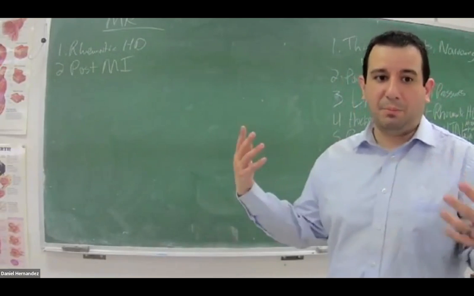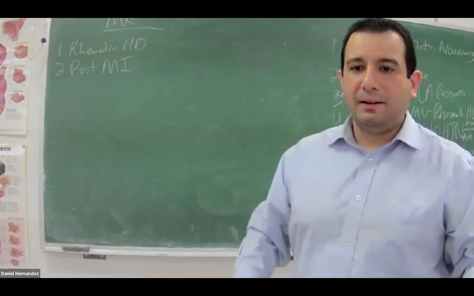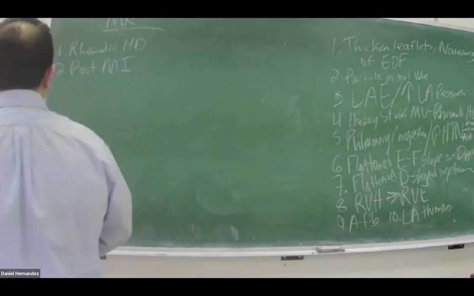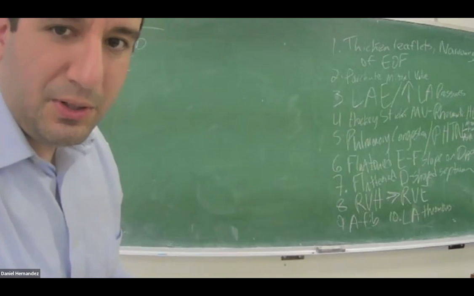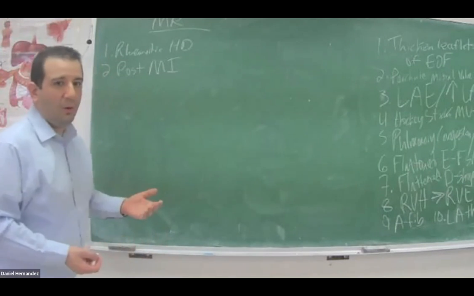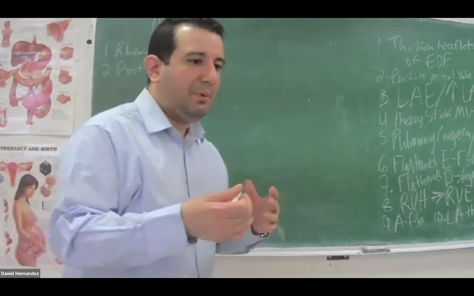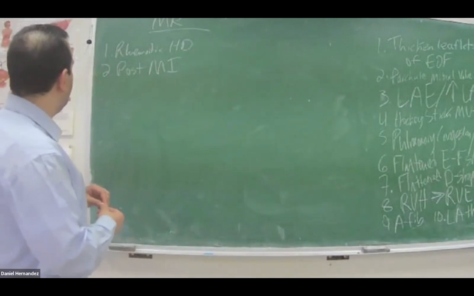All of a sudden they can't breathe, they're short of breath because all this blood flow is now rushing back because one of the papillary muscles actually ruptured. So those patients are going to have severe onset of symptoms. Oh yeah, so post MI, it could be due to wall motion or small segment motion abnormality, or it can even be due to ischemia to the papillary muscle itself.